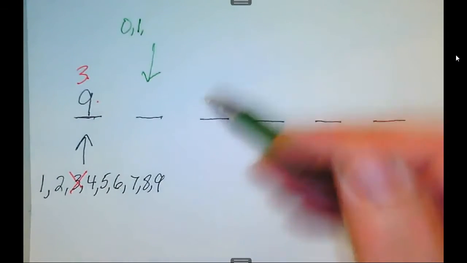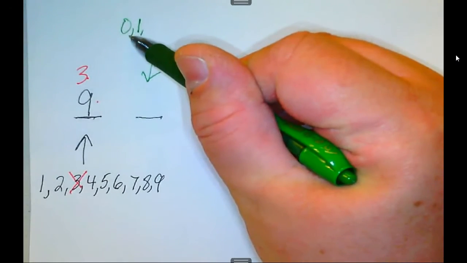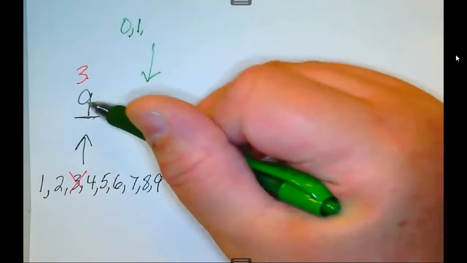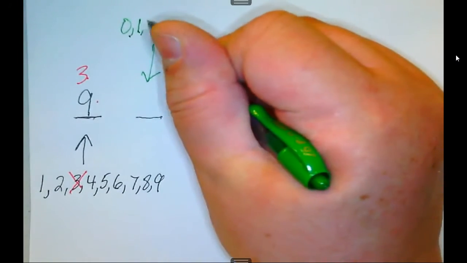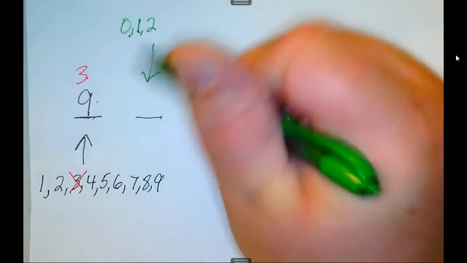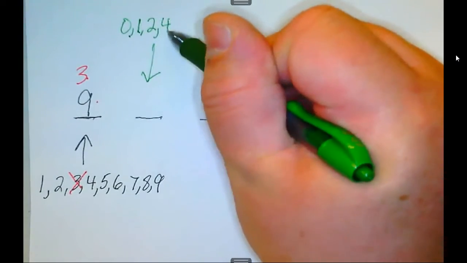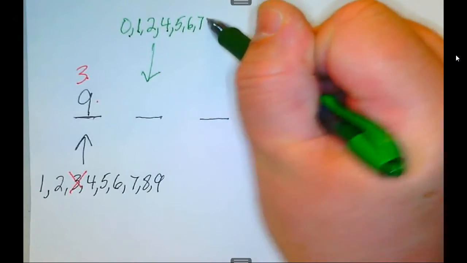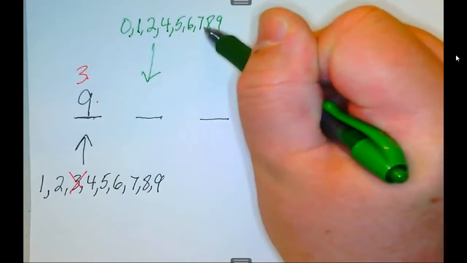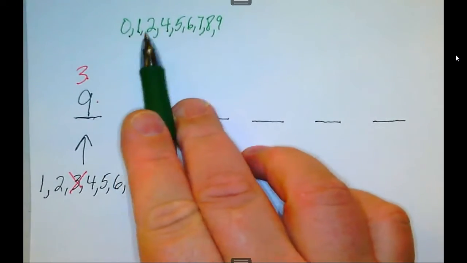Okay, so my second digit, I now can add in 0 because it's not the first digit anymore. I have 1, 2. I can't use 3. 4, 5, 6, 7, 8, 9. How many digits is that? 9.